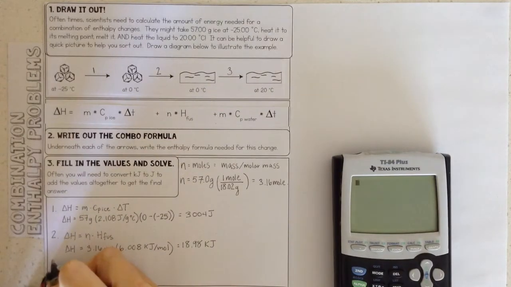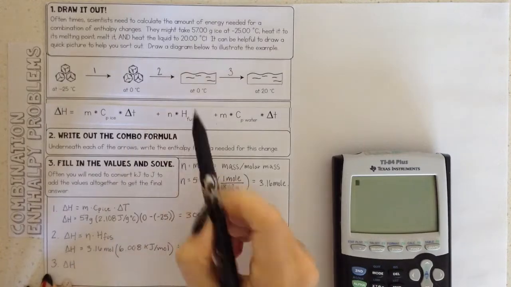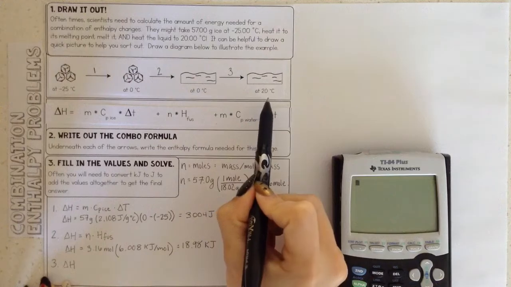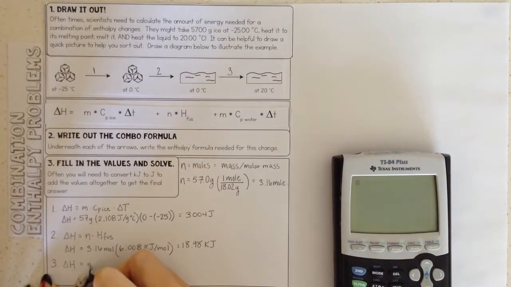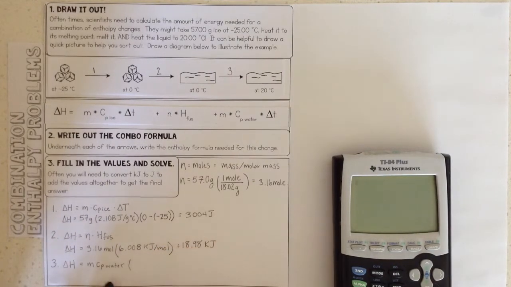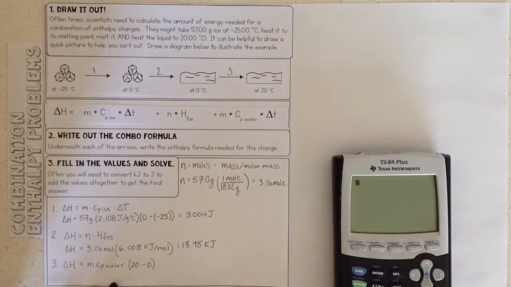And finally, our last heat, taking liquid water at 0 degrees Celsius and heating it to liquid water at 20 degrees Celsius. Final temperature 20 degrees Celsius. Initial temperature is 0. That's final minus initial temperature.